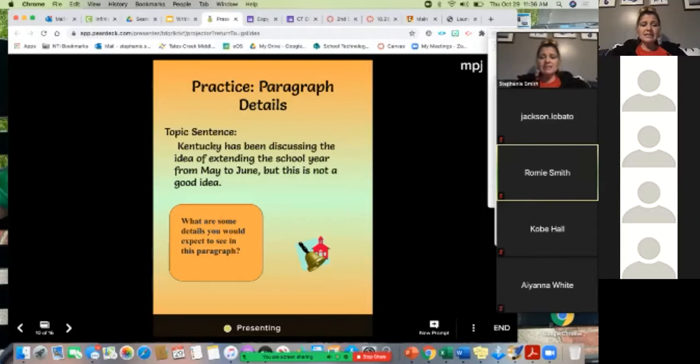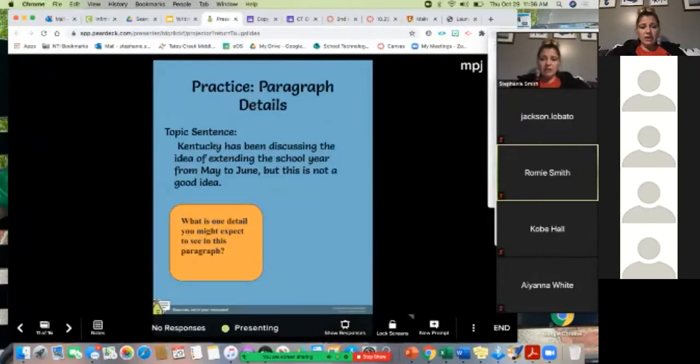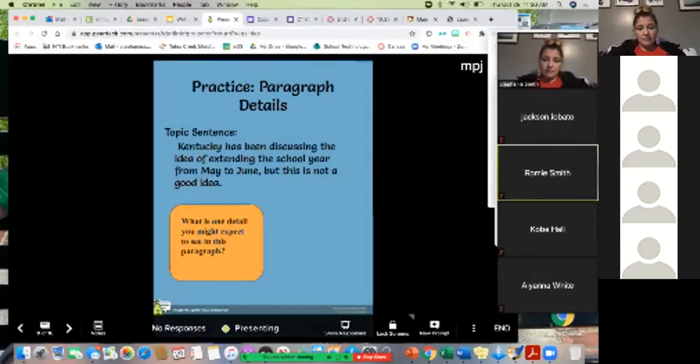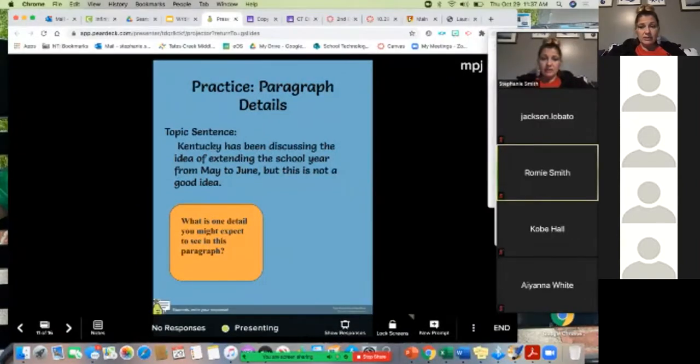So what are some details you would expect to see in this paragraph? You can write your responses right here. What is one detail you might expect to see in this paragraph? Remember what the focus is here.